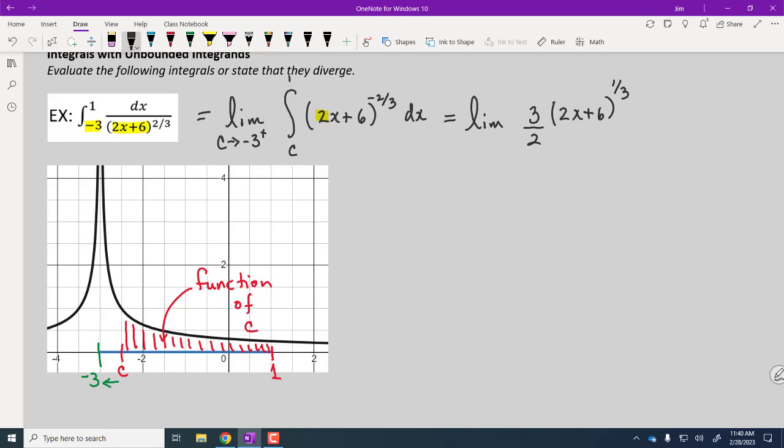If we were differentiating, we would multiply by it. So then this is c to 1. Pull the 3/2 out to the front. Plug in the upper limit. Upper limit first. 1 times 2 is 2. 2 plus 6 is 8. 8 to the 1/3 is 2.